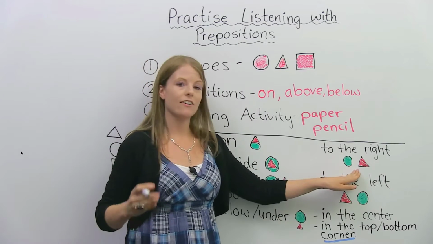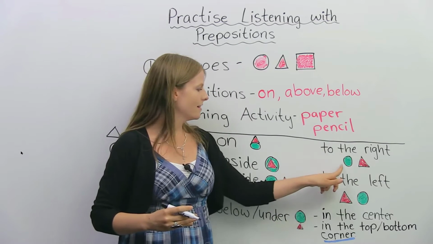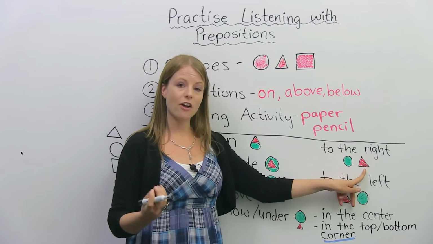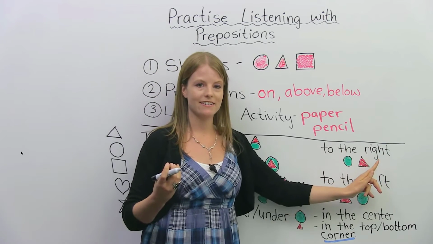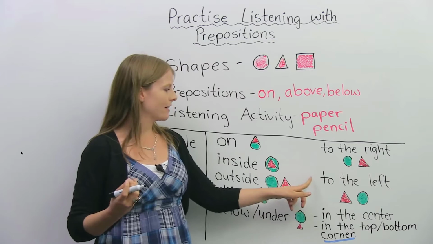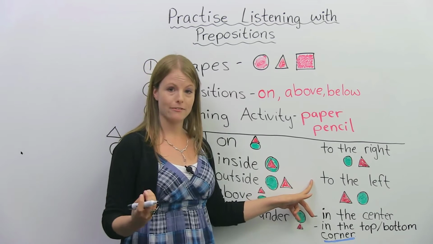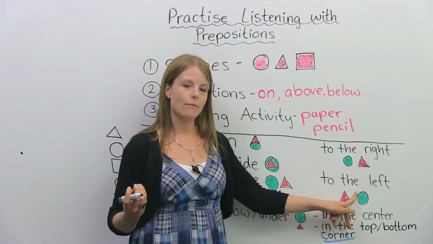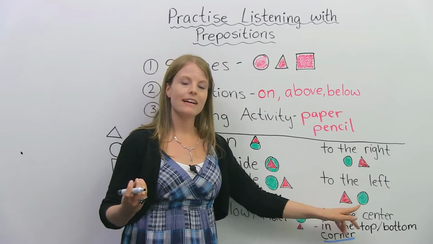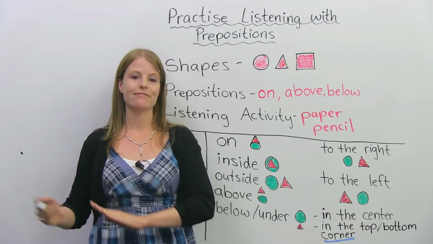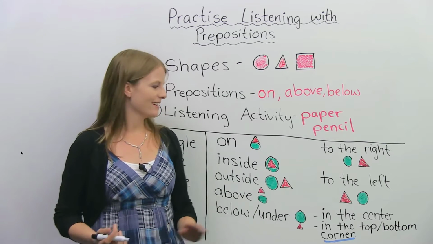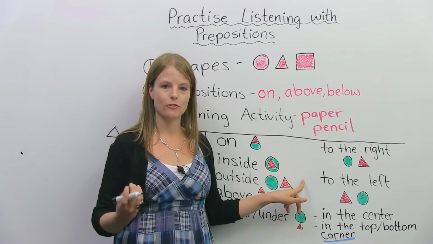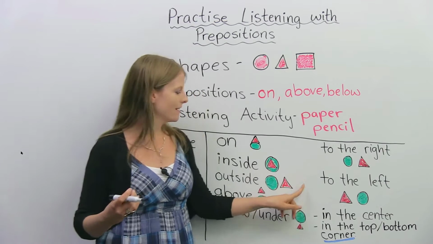So the triangle is beside the circle, and it's also to the right of the circle. Now compare this to the left. We have a triangle and a circle, and we can say the triangle now is to the left of the circle. These two are opposites, to the right and to the left.